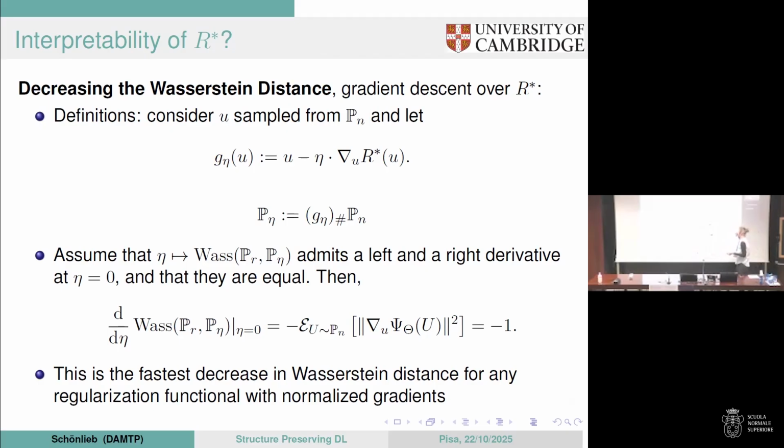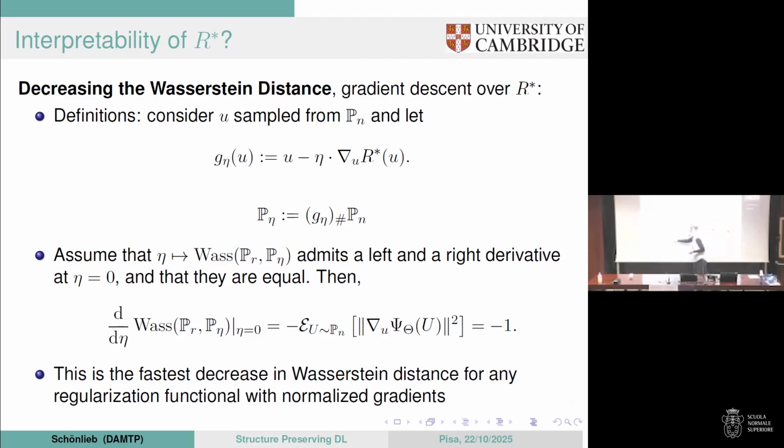What you can prove here is that if you start out with your distribution of noisy images and you take a gradient step from such a noisy reconstruction in the direction of the now learned regularizer, a minimizer of your one-Wasserstein loss, and you do this many times, you create a new distribution that is now called P eta.